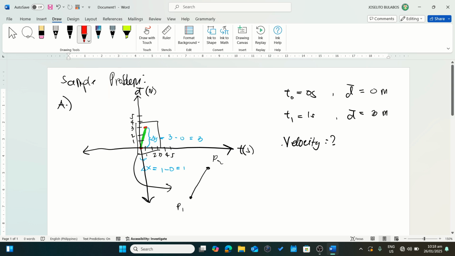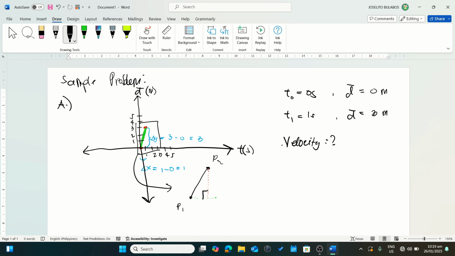Now, if I were going to extend a vertical line here and a horizontal line here, I simply create a right triangle.